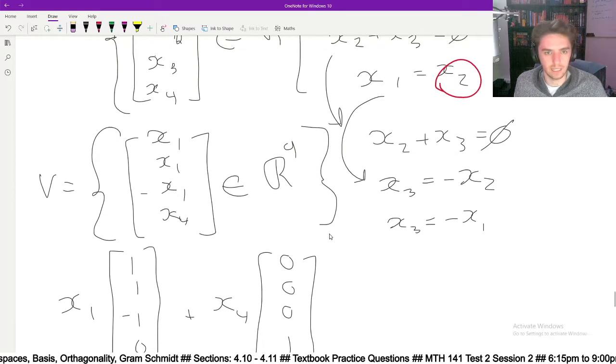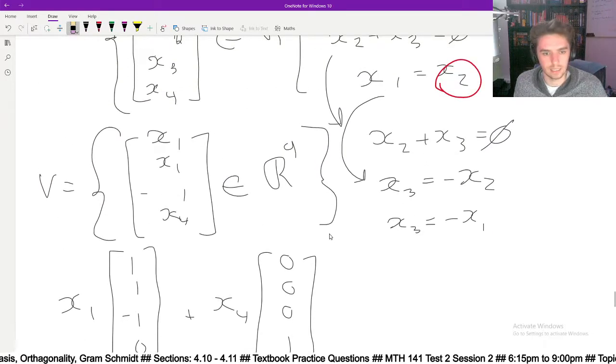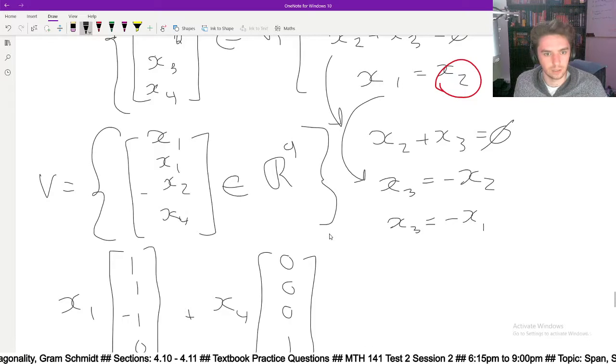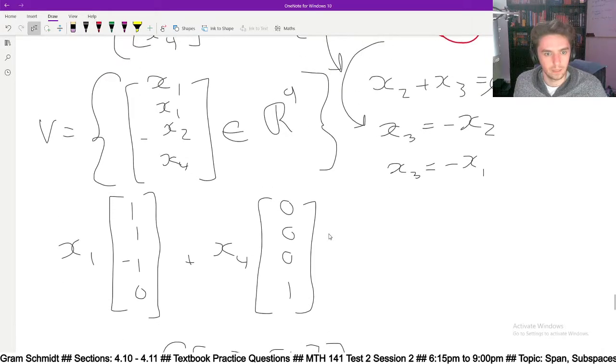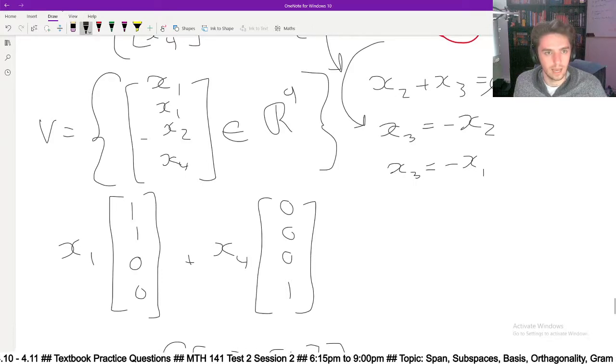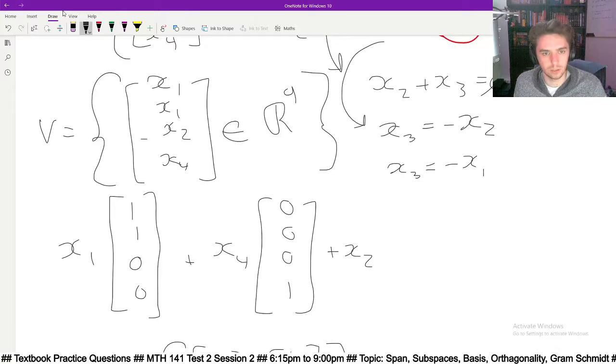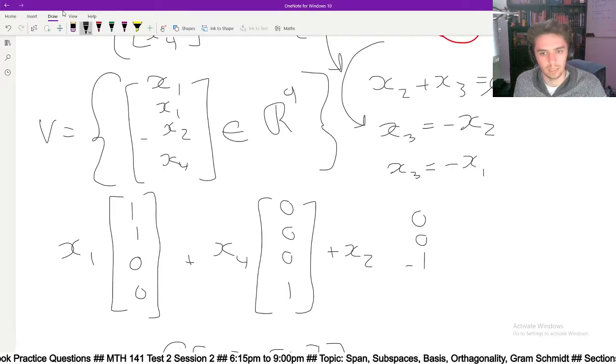Maybe let's try it. Let's say I left in this as negative x2, right? So then this would be a 0, and this would be a 0, and I'd have a plus x2 times (0, 0, -1, 0).